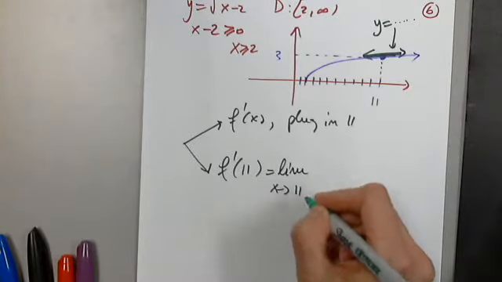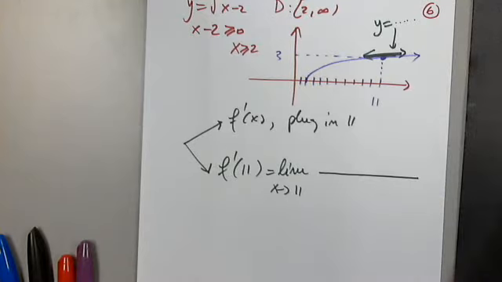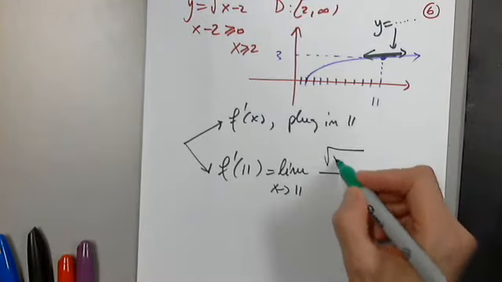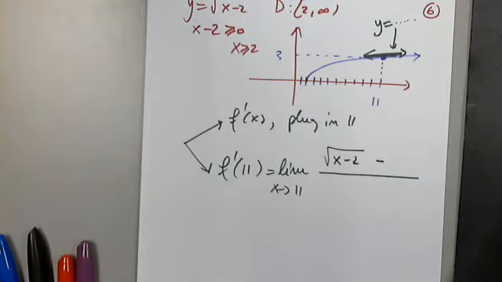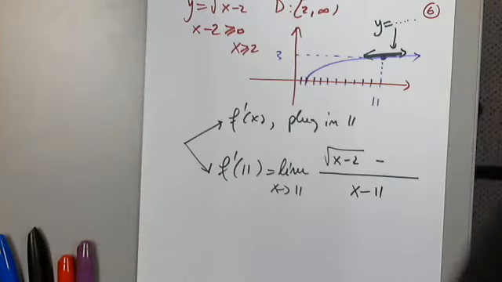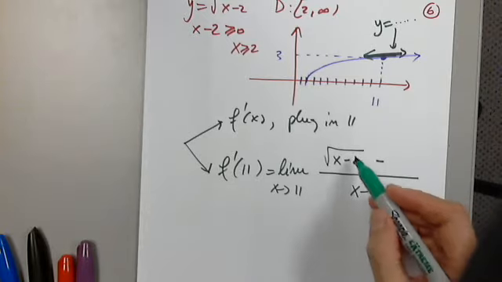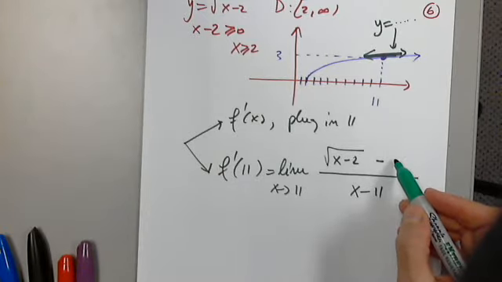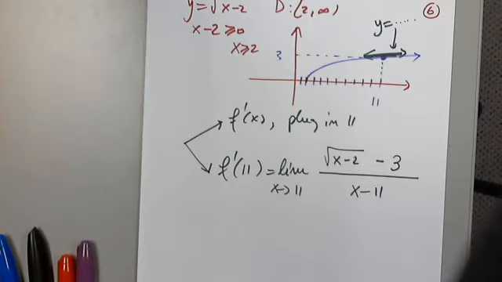X approaches 11 from what? F of x, which is the square root of x minus 2, minus, it has to be f of 11. F of x minus f of a over x minus a. So what do I get? Which one? Yes, very good.